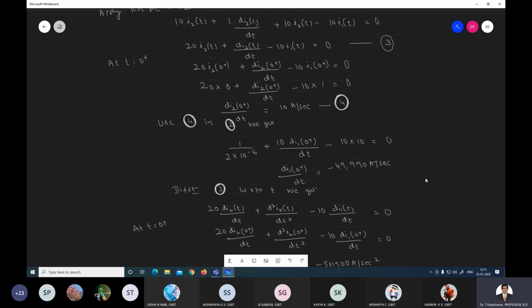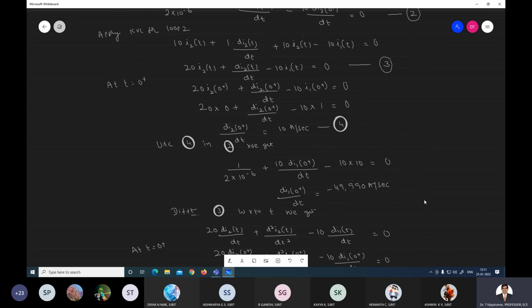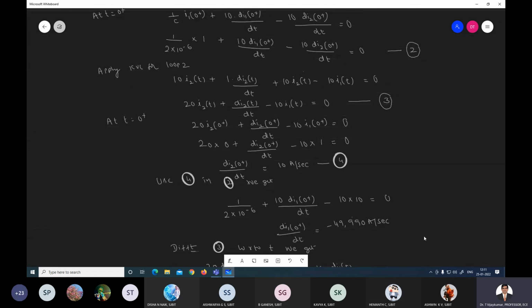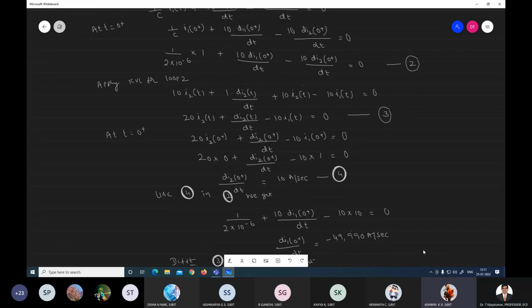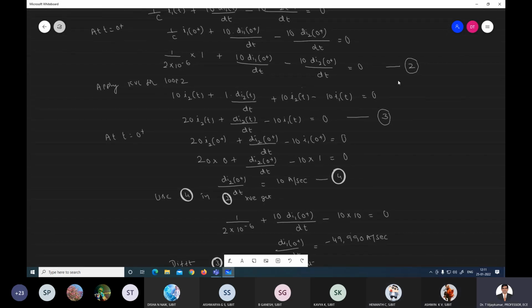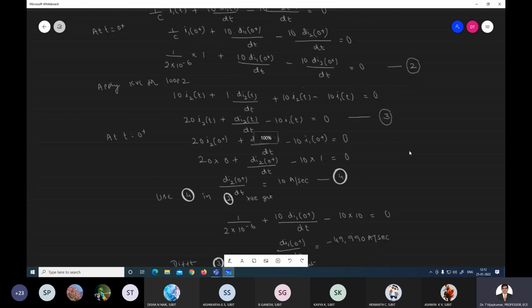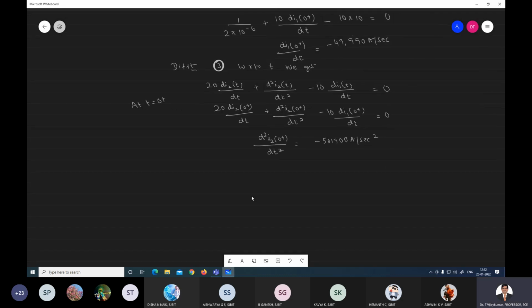Next, after di1(0+), you have to find out d square i1(0+), right? For this, take the second equation. Differentiate equation 2 with respect to t and find out d square i1(0+)/dt square.